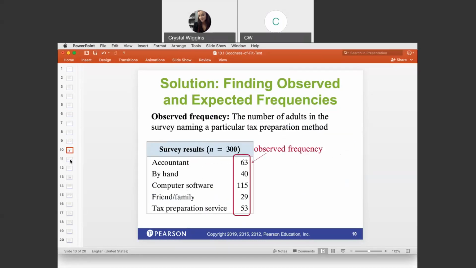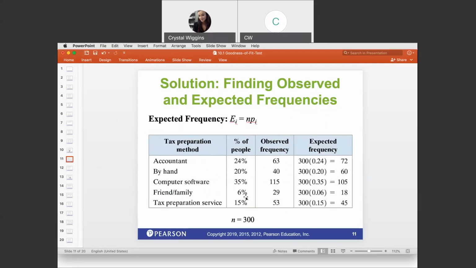Now, if we wanted to see how to do this by hand, in order to deepen our understanding of observed and expected, the observed again comes from the multinomial experiment. The expected is calculated by taking the sample size from the experiment and multiplying it by the probability from the expected distribution.